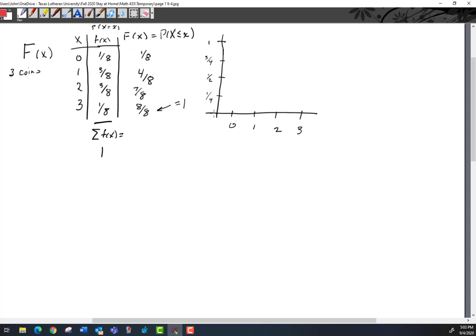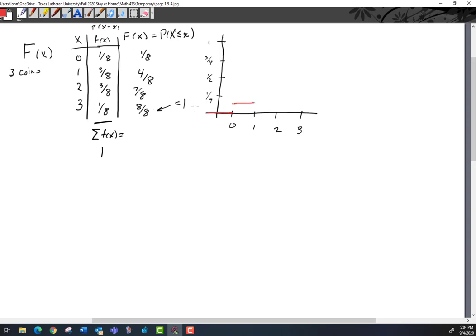I'm going to change color. The probability of being less than 0 is 0. So my cumulative distribution would be 0 until I got up to 0. Now at 0, it immediately jumps to 1/8, and that would be 1/2 of a fourth, and so it would jump to here. But that probability is going to stay 1/8 until I get over to 1.